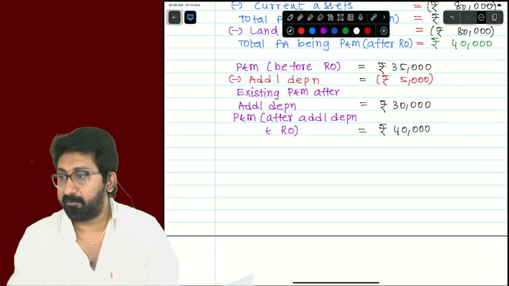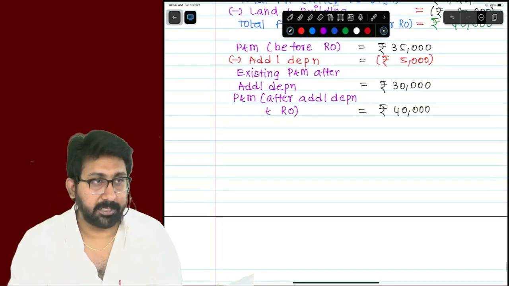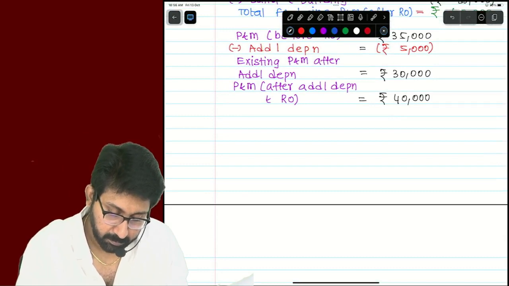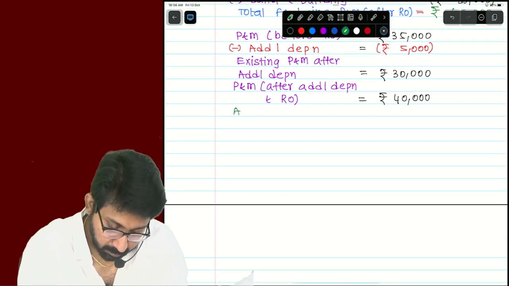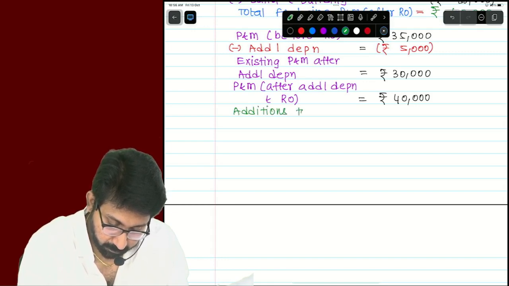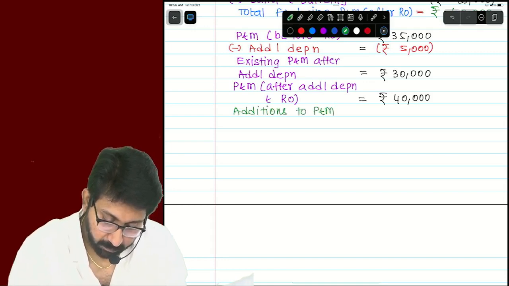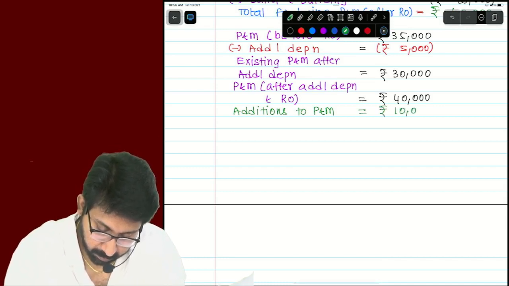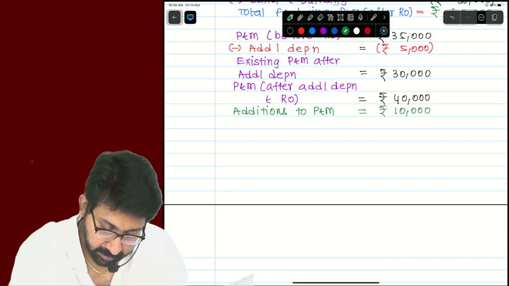Plant and machinery after additional depreciation and reorganization. How much? 40,000. Rupees 10,000.